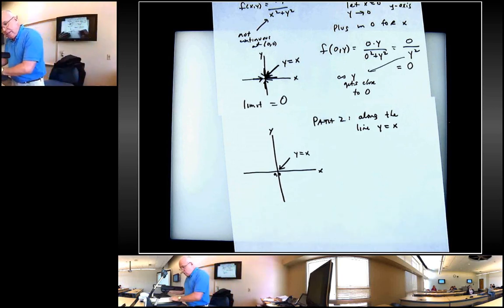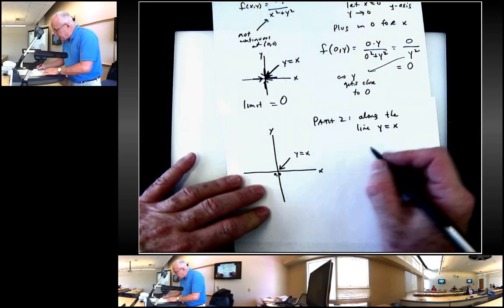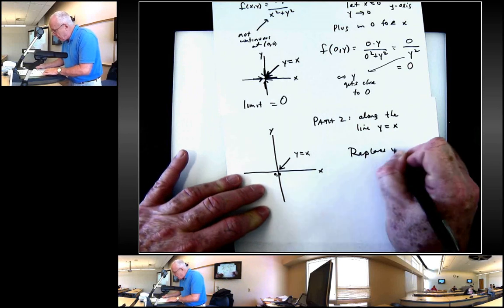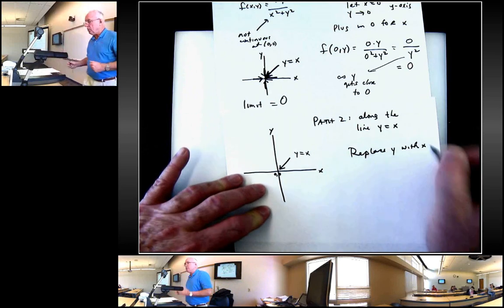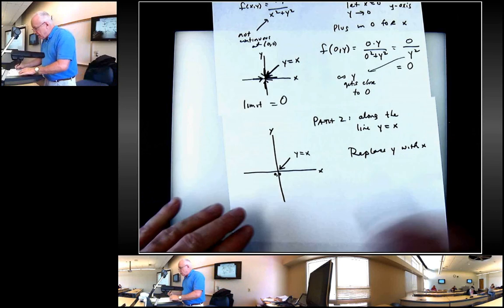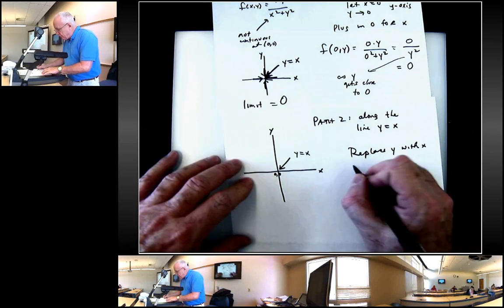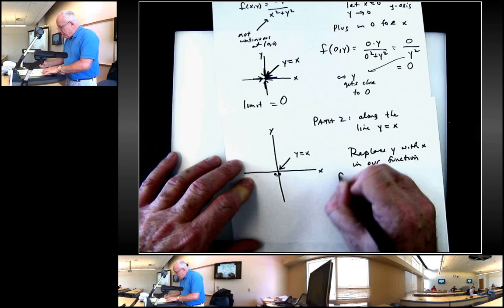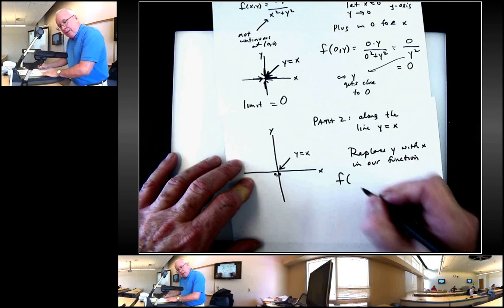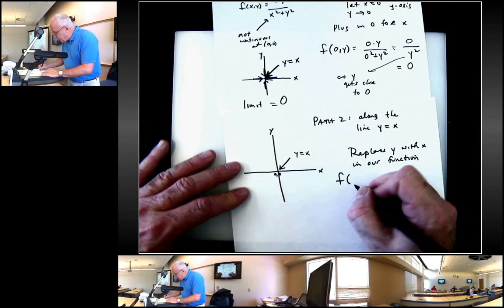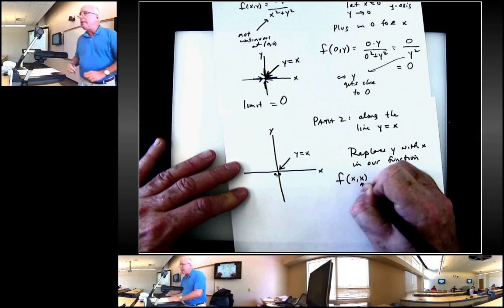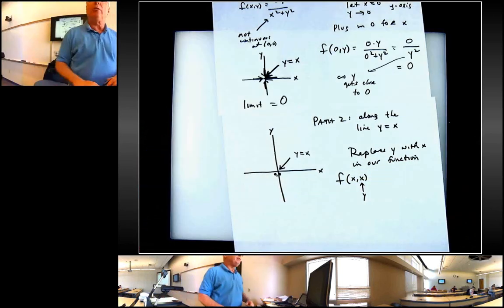So let me just say, let's replace y with x, because they're interchangeable along that line, in our function. So now we're looking at f applied to x comma x, because our y is being replaced with the variable x.